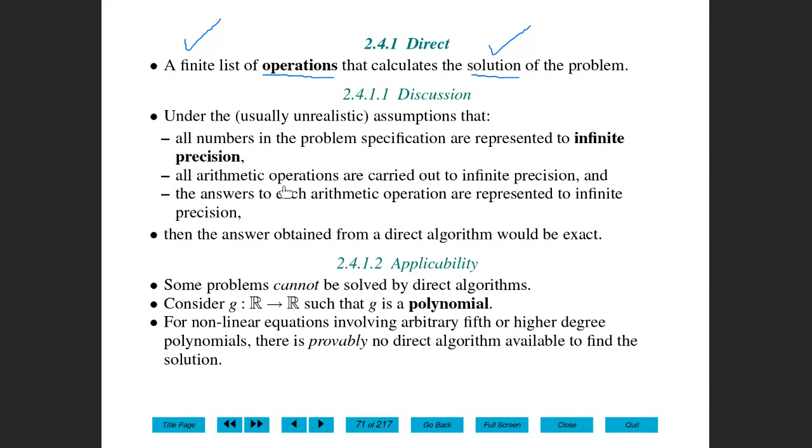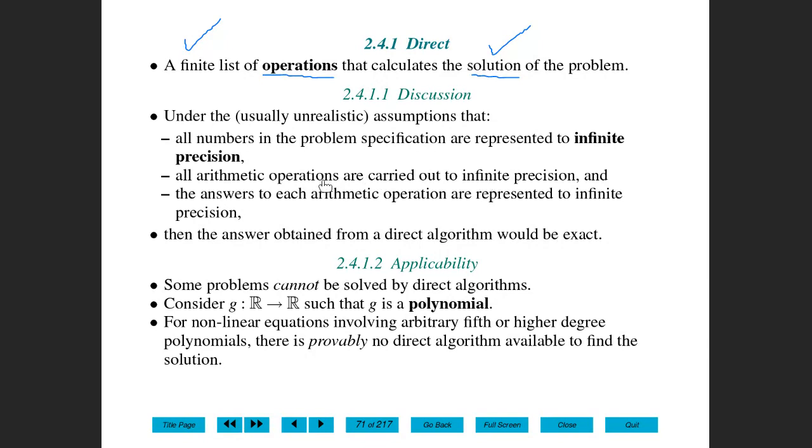Not only that, all the arithmetic operations, if you add, multiply, or divide, should take into account infinite precision. This is again asking for too much, and this is very difficult practically.